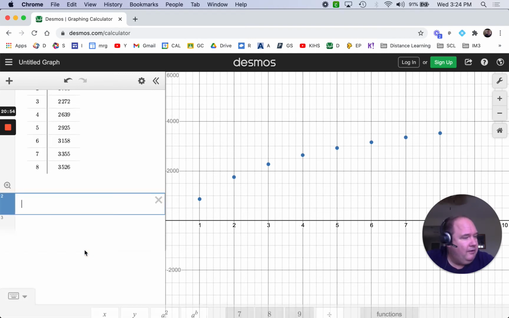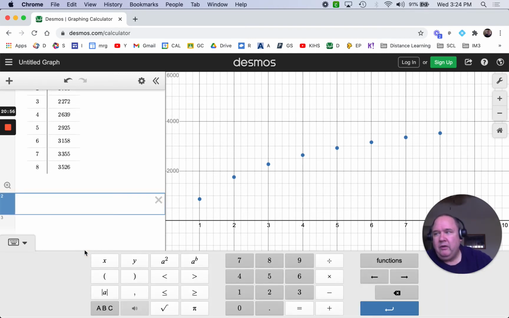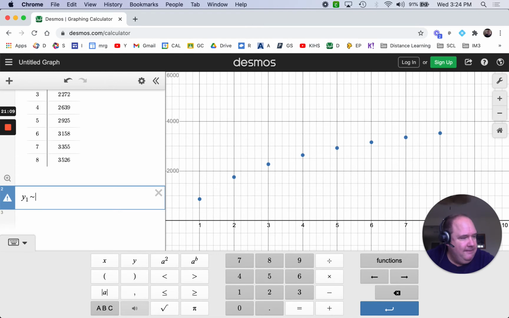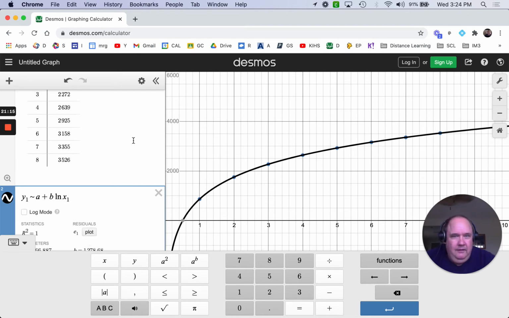So it says use a logarithmic one. So look off that first page. Make sure you know the form of a logarithmic, and it's a natural log. So we're going to go y1 and then that similar sign, and then a plus b ln x1. And then can you see how great, look at that. It matches it.